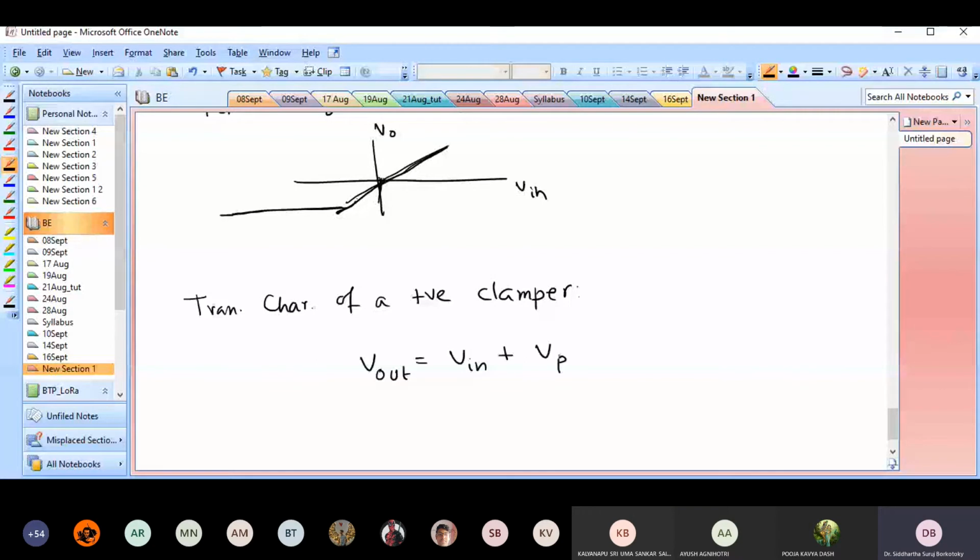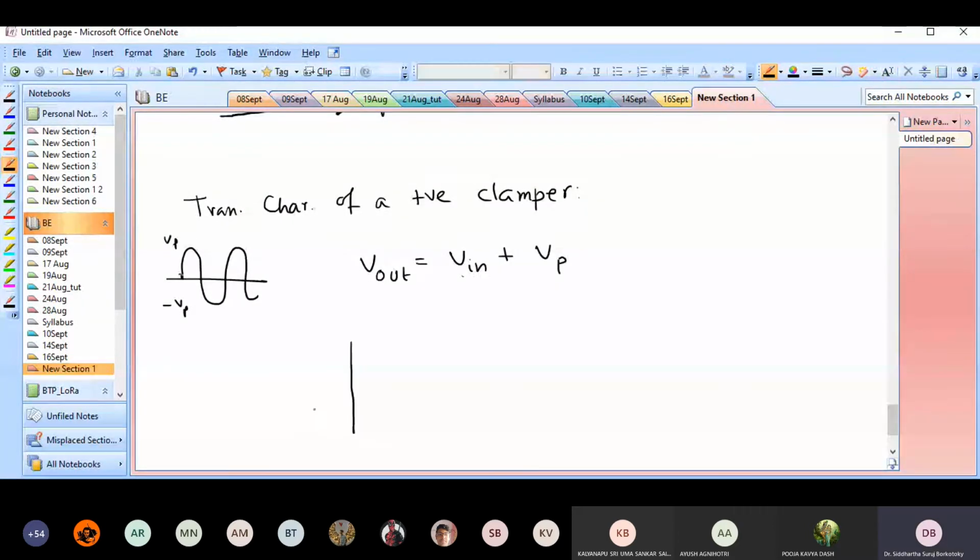So that fixed value Vp was the mean of this. So the input goes from minus Vp to plus Vp. So V in was something like this, plus Vp and minus Vp. So the positive clamper will shift this waveform up by an amount equal to Vp.